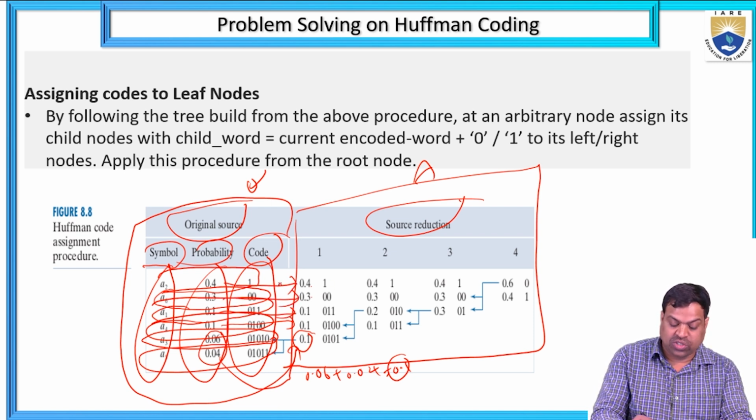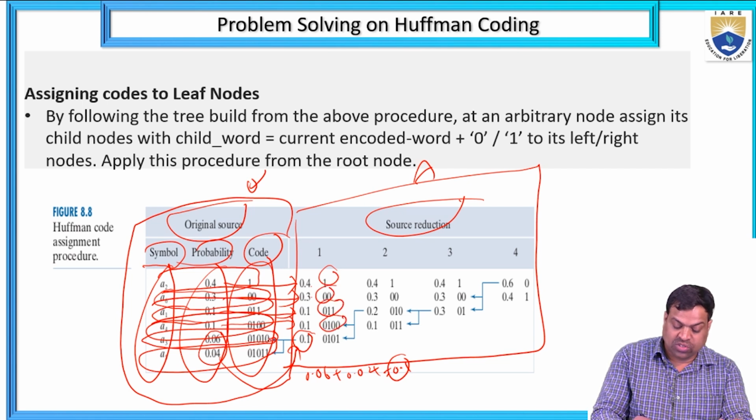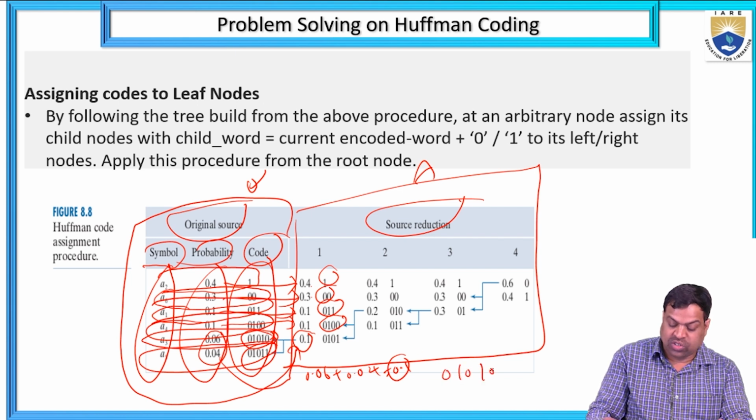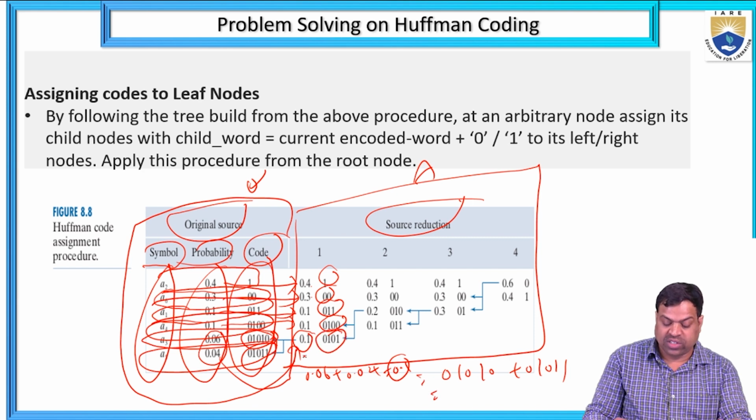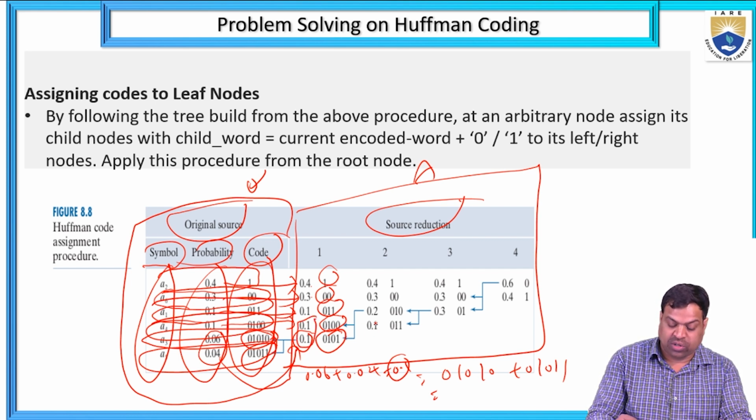Next, what are the codes? 1, 00, 011, 0100, 01010 plus 01011. So what is the final value I am taking here? I am taking 0101 as the value. Next, what are the top and bottom values? I am taking the bottom values.